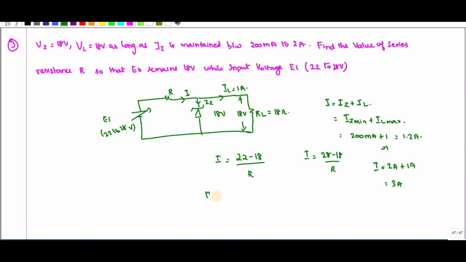So you substitute here. R is equal to 22 minus 18 divided by 1.2. If I substitute 22 minus 18 divided by R, you will get the minimum value. If I substitute 28 minus 18 divided by 3, I will get the maximum value. If we solve, we will get 6 divided by 1.2, and this is also 10 divided by 3.